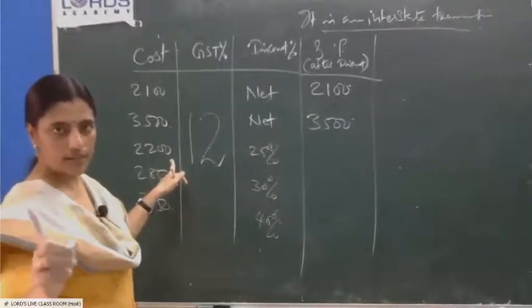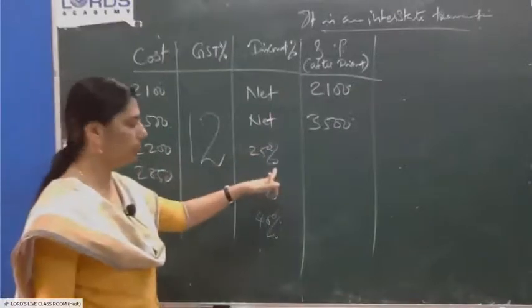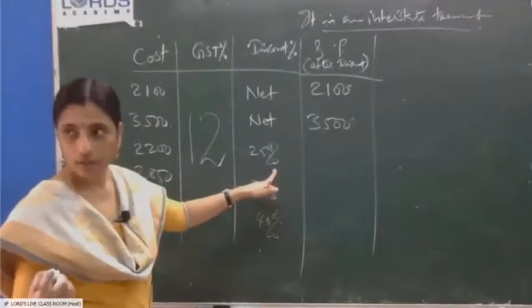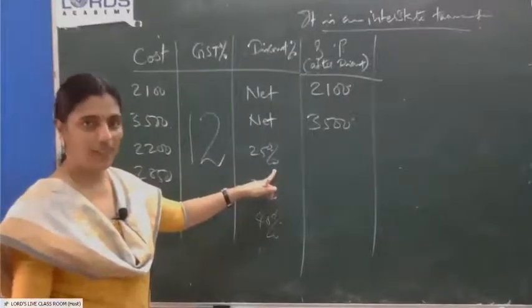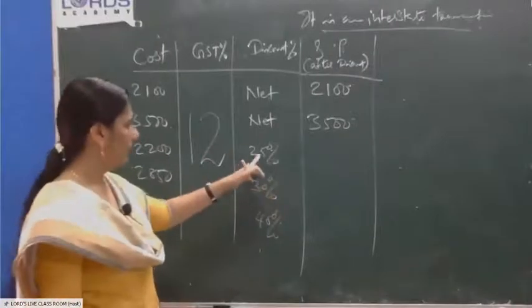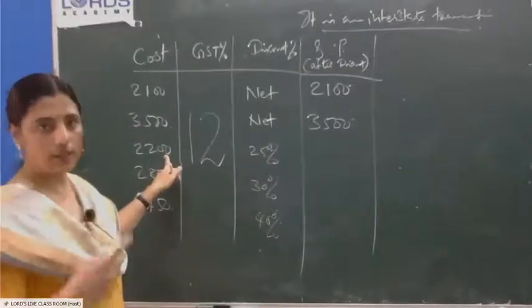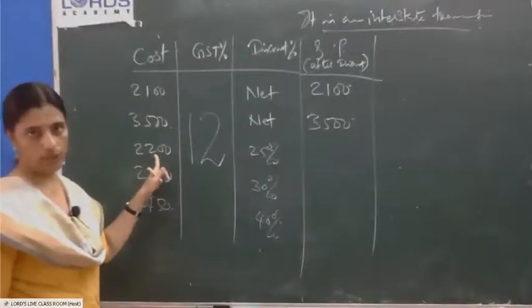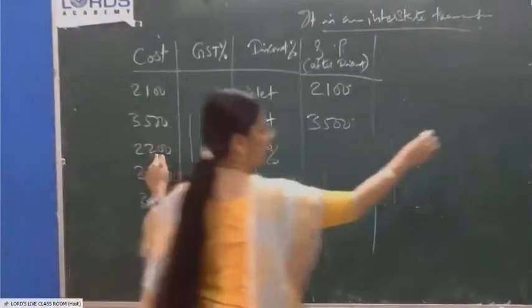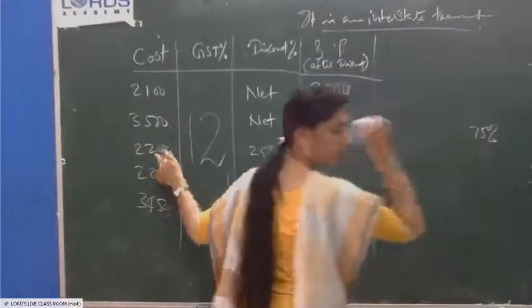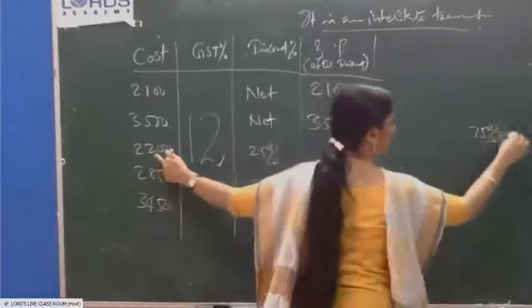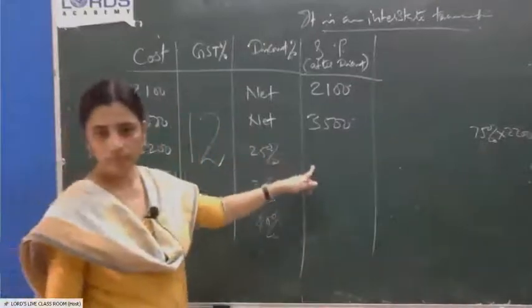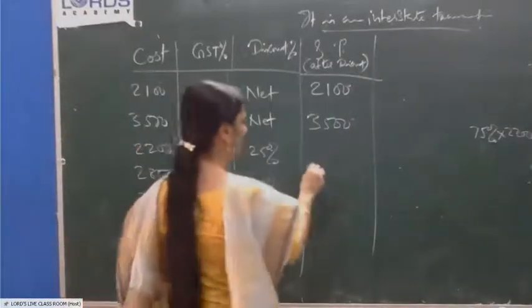2,200. Listen. 25% discount means 75% will be the sale price. So all of you find 75% of 2,200. That is 1,650.